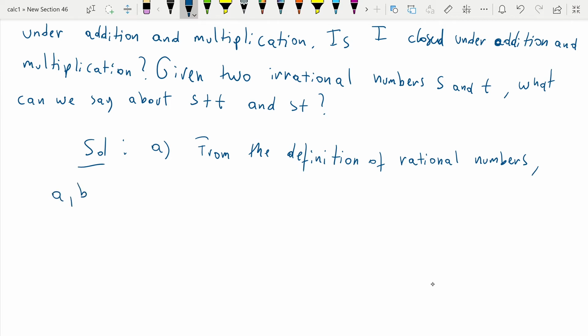A, B belong to Q if and only if there are numbers in Z. I'm going to name them P1, Q1, P2, Q2 in Z. So this is the definition of rational numbers.